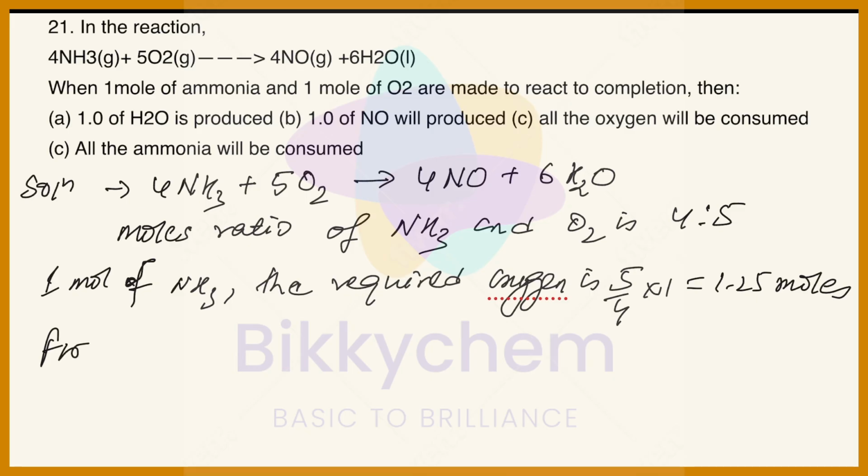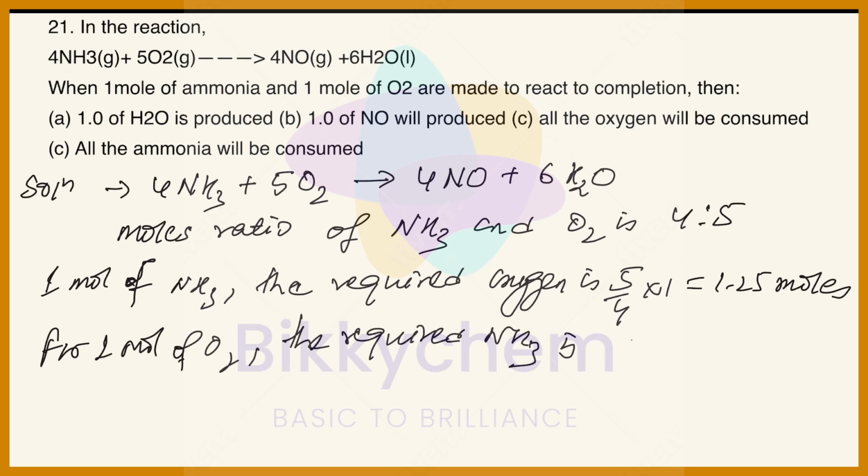Similarly, for 1 mole of O2, the required NH3 is 4/5 into 1, which is 0.8 moles.